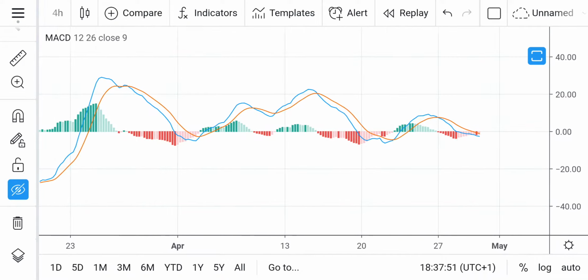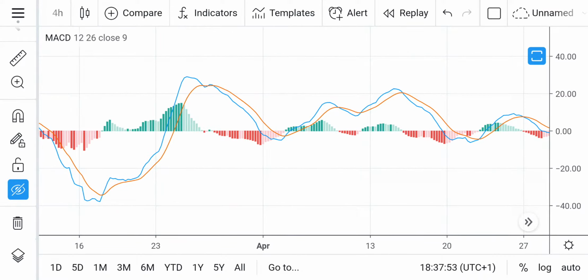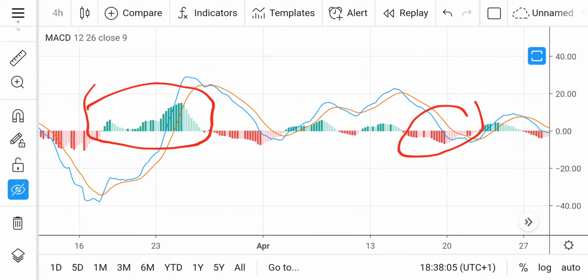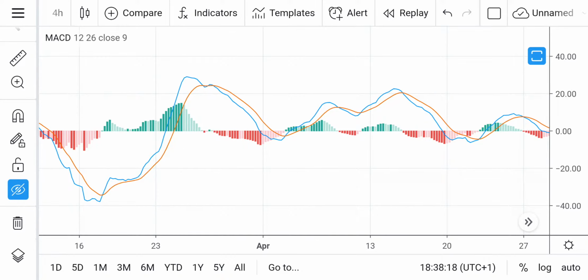The green bars are your bullish momentum in the market. You see the green bars when prices are going up, and you see the red bars when prices are going down. It's trying to tell you that sellers are in control, the market is bearish, and the green one tells you that buyers are in control, the market is bullish.